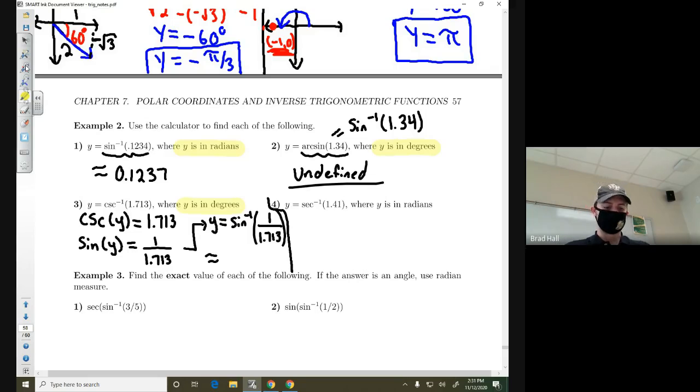So if you keep this in degree mode, what you get is 35 point, and I'll round it to 3 decimal places, it doesn't matter. 716 degrees. Because it wants degrees and not radians. So that's why my calculator was in degree mode when I did that computation, and you should get 35 point whatever.